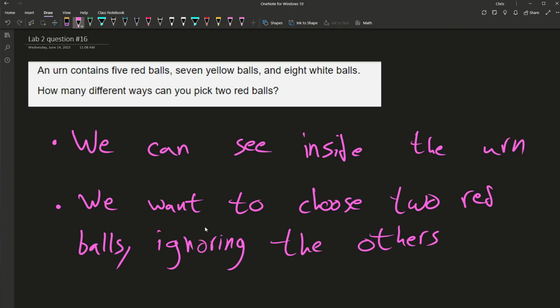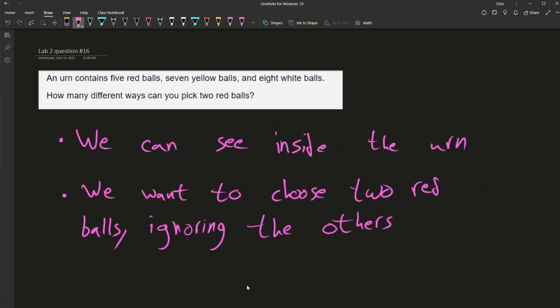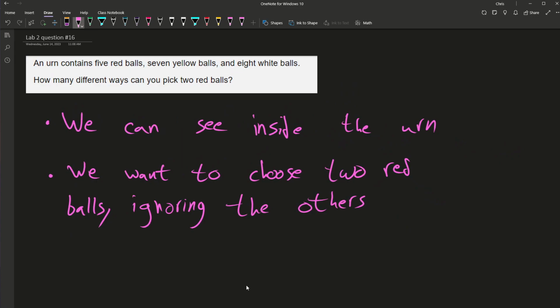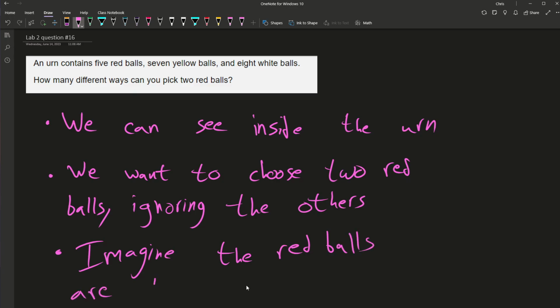And so in this case, it might be helpful for us to imagine that these balls are labeled in some way. Like maybe they are numbered or given a letter of the alphabet or something.